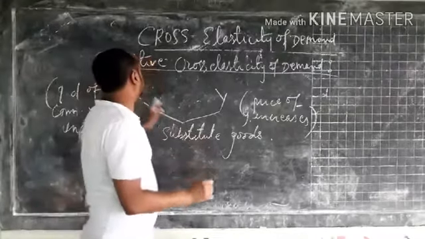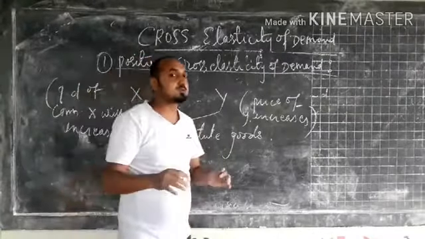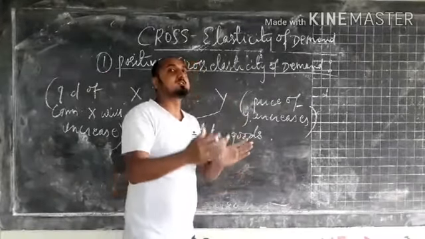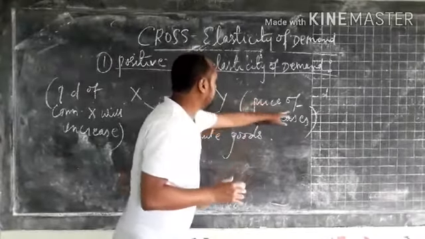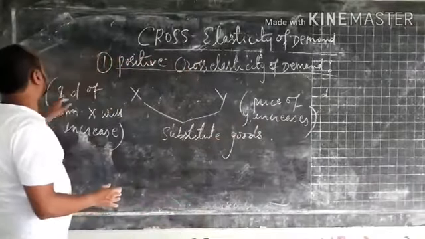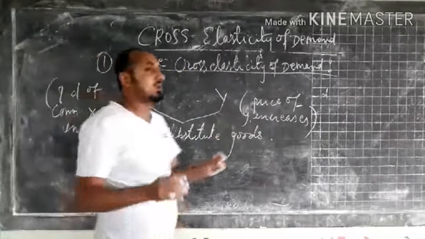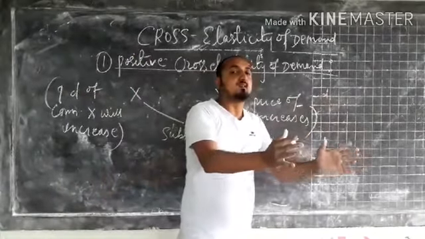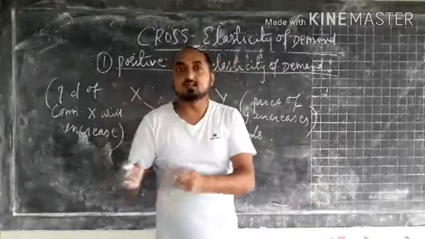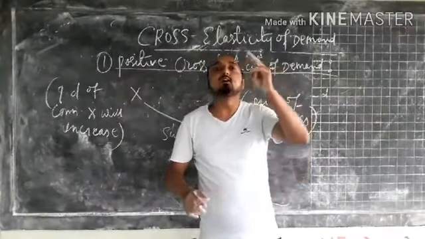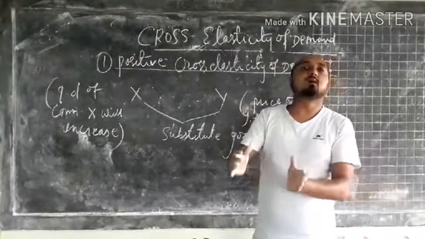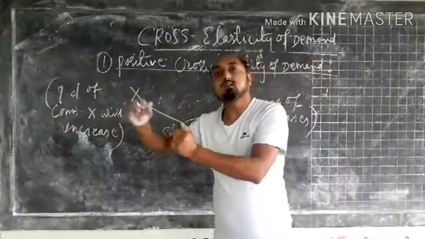Once again, what is the definition? Cross elasticity of demand is said to be positive when an increase in the price of commodity Y leads to an increase in quantity demanded for commodity X. That is, if the price of commodity Y is increasing, that causes an increase in quantity demanded for commodity X, and this happens in the case of substitute goods. If the price of one substitute good increases, obviously the quantity demanded for the other substitute goods will increase.